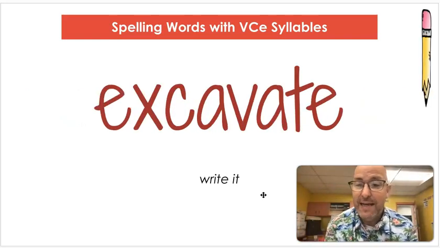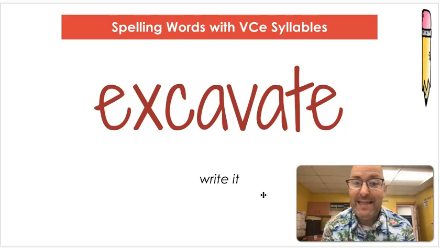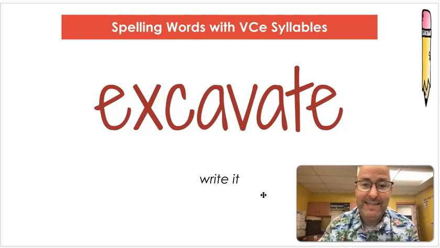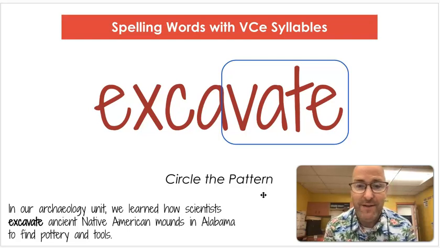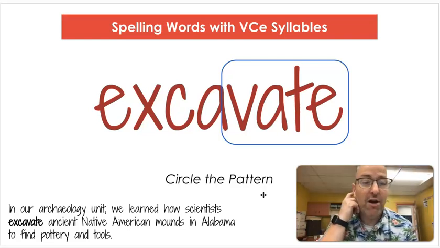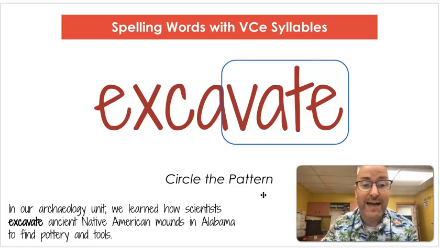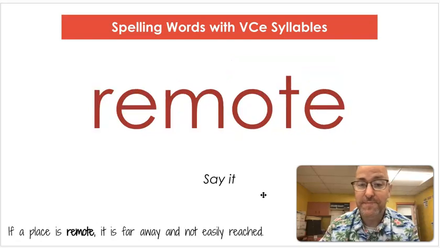And let's write it. Let's circle our pattern again. V-A-T-E. In our archaeology unit, we learned how scientists excavate ancient Native American mounds in Alabama to find pottery and tools.